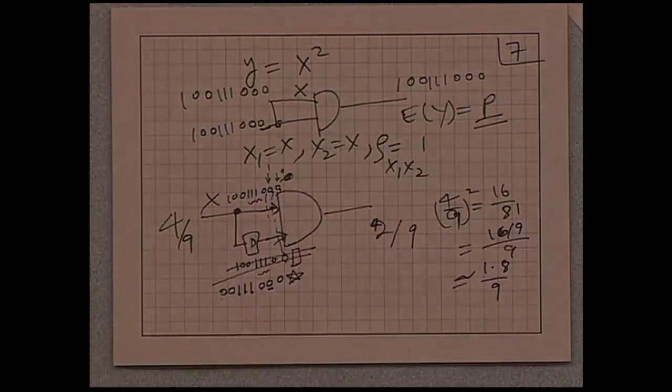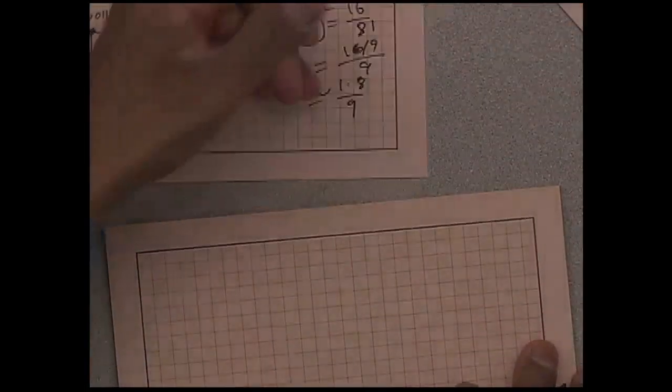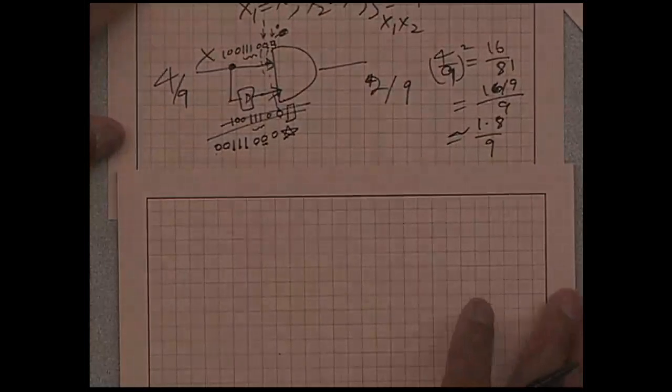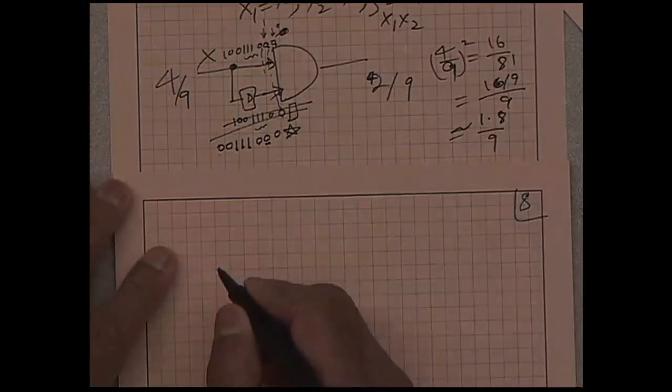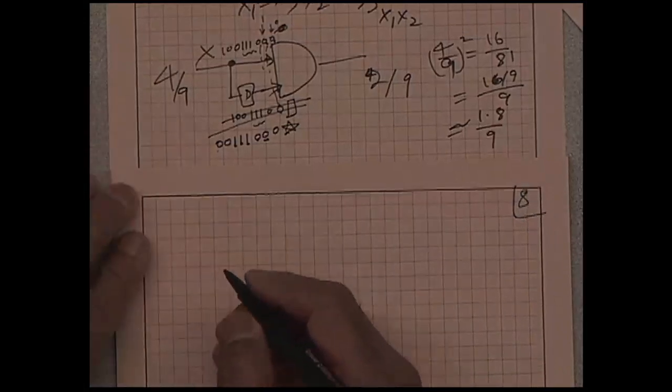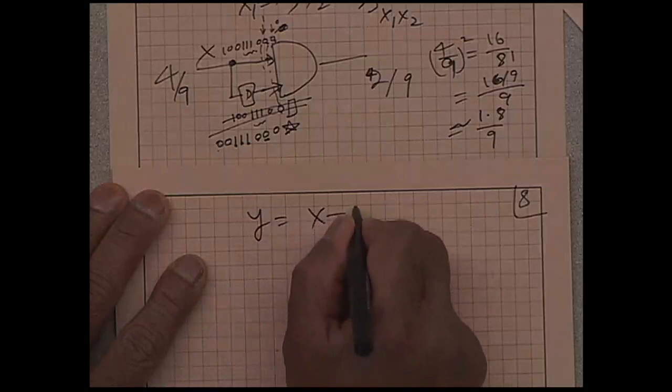Okay, so now how do I implement a simple function such as x minus x squared? So y is equal to x minus x squared.